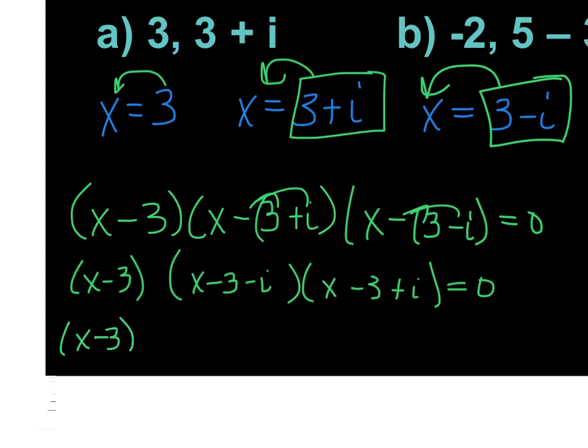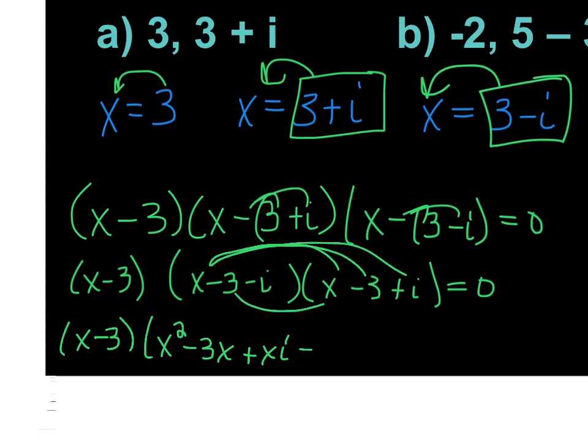Now, guys, all we're doing is distributing. That's it. What is x times x? x squared. Okay. What is x times negative 3? Negative 3x. What is x times i? ix or xi, however you want to write it. Now, negative 3 times x. Negative 3 times negative 3.